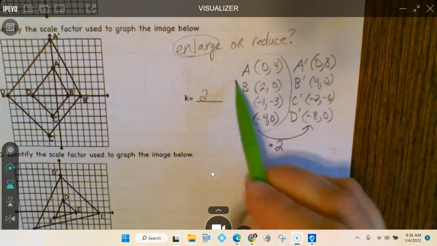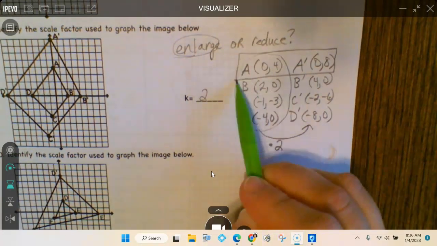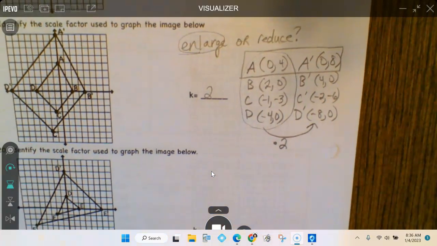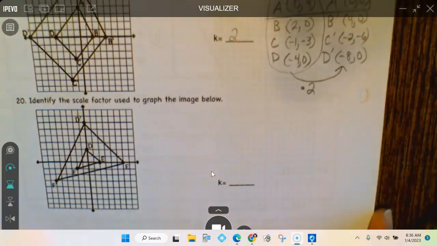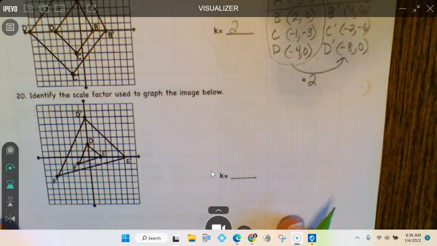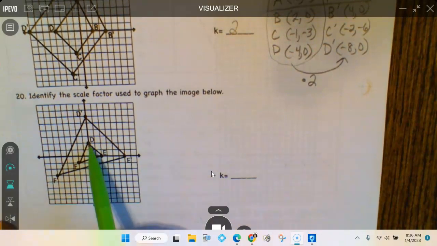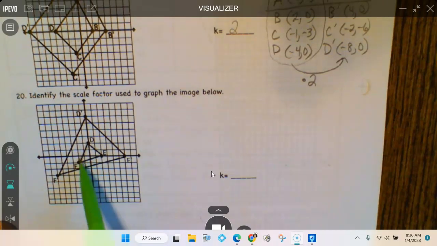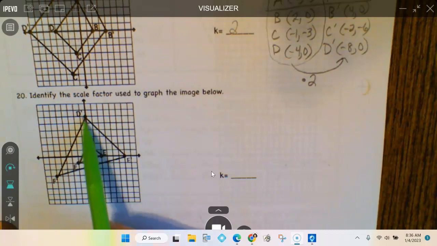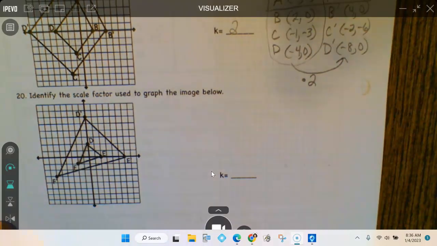And really, you could do that just by looking at one of the points instead of the whole thing. So that's what we're going to try for number 20 here. So our pre-image is DEF, and our image is D prime, E prime, F prime.